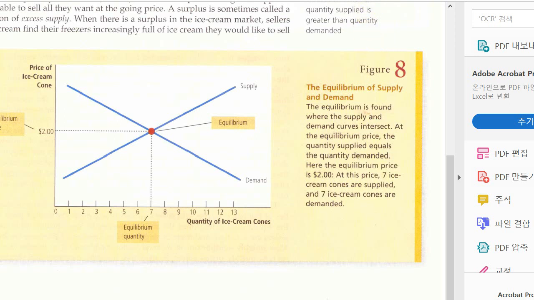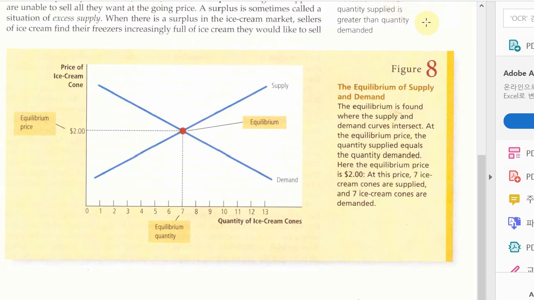So finally, we can reach equilibrium. The equilibrium is the point where demand and supply meet. This is the equilibrium price.